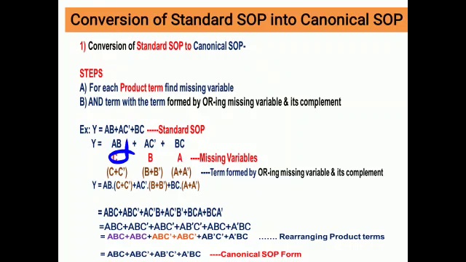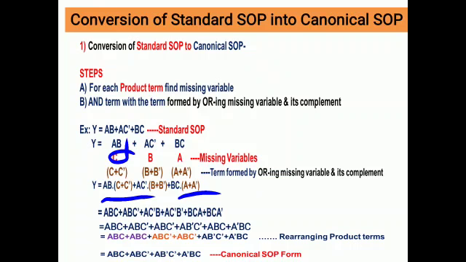Here it is written AB into, in the bracket, C plus C bar. In the second, A C bar is the product term and the missing one is B, so we have ANDed with B plus B bar. In the third one, BC is the product term and the missing variable is A, so we have ANDed with A plus A bar.